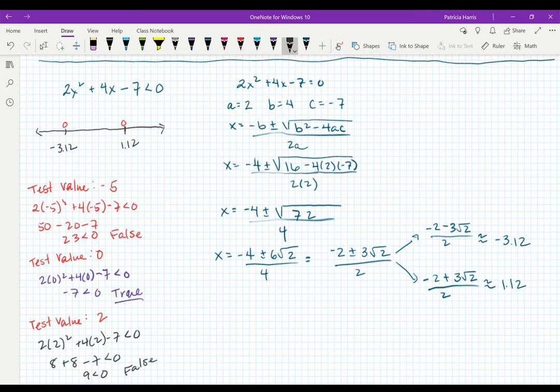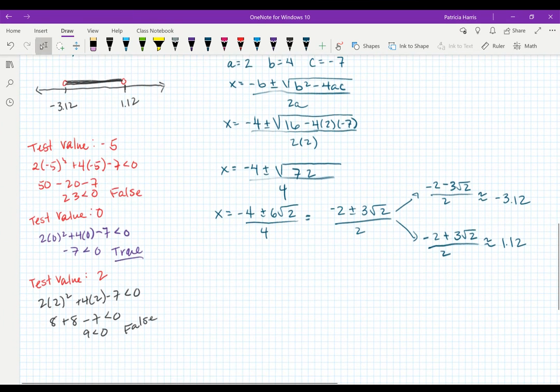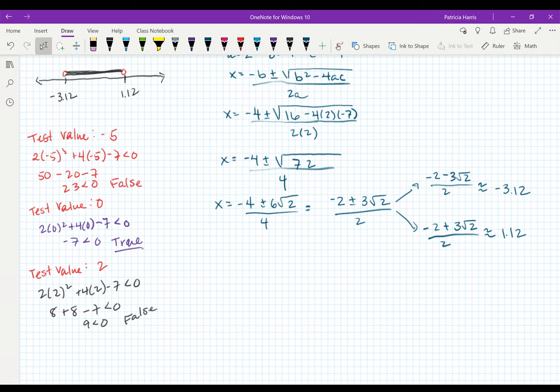Okay, so we're going to shade what's true. And it was true between our two values, just like that. Okay. So when I write out my solution, there's actually about three or four ways to do it. So I am guessing that Edgenuity will not want the decimal approximation, but they might. Okay, so let's write out a solution.